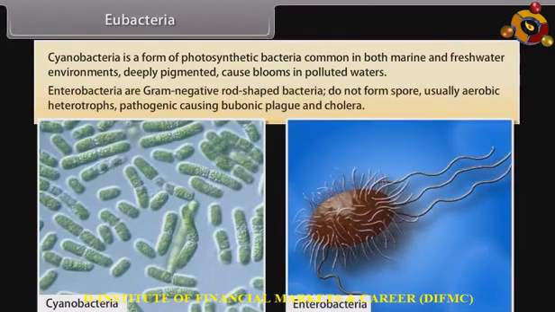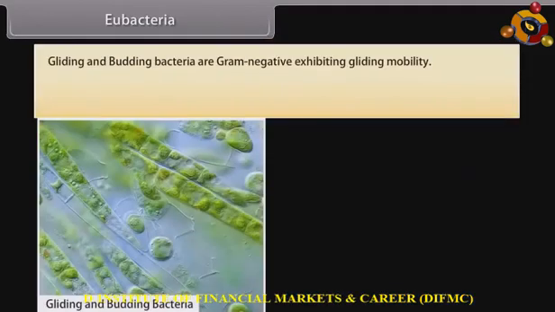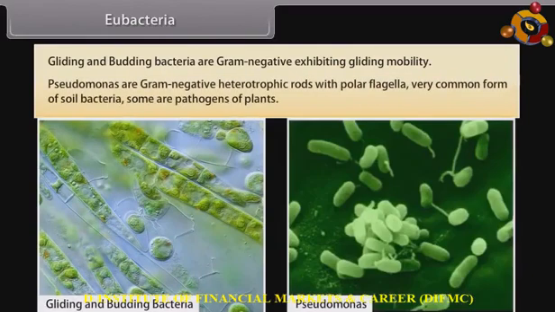Enterobacteria are Gram-negative rod-shaped bacteria, do not form spores, usually aerobic heterotrophs, and pathogenic, causing bubonic plague and cholera. Gliding and budding bacteria are Gram-negative, exhibiting gliding mobility. Pseudomonas are Gram-negative heterotrophic rods with polar flagella, a very common form of soil bacteria.